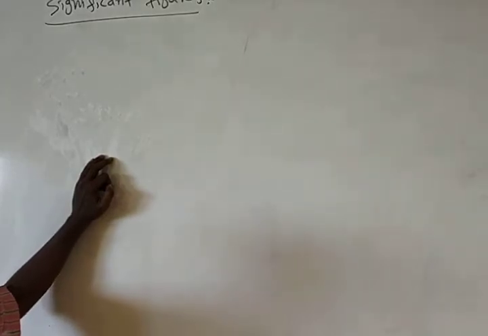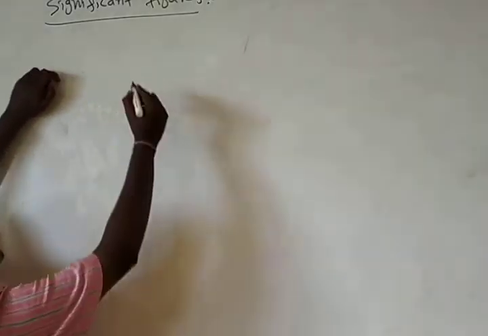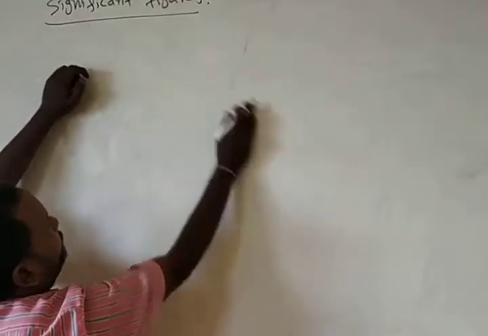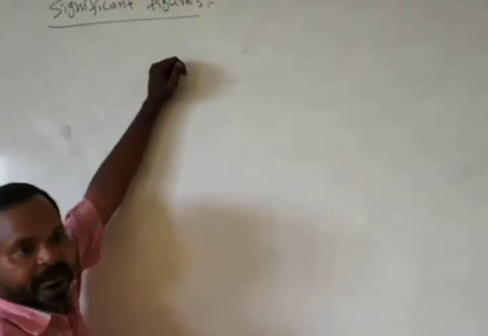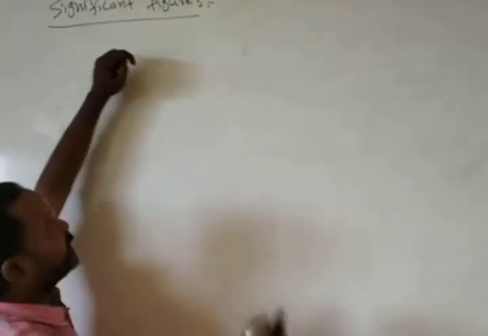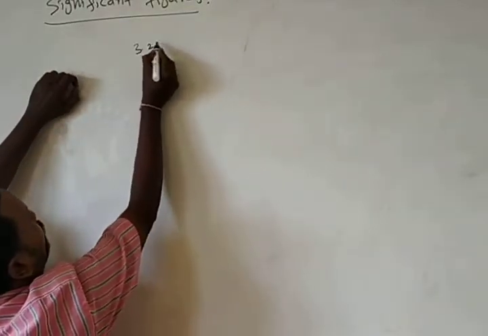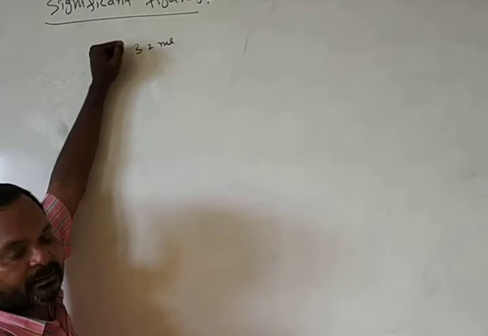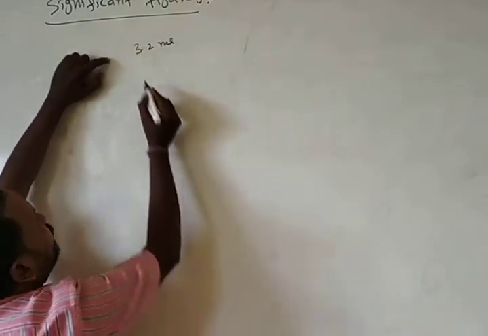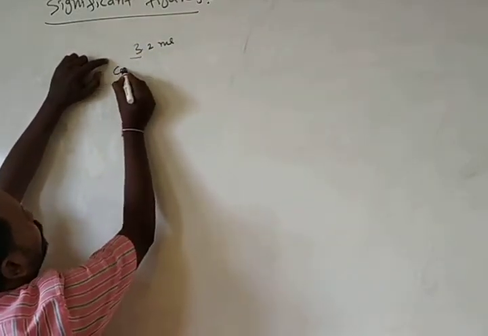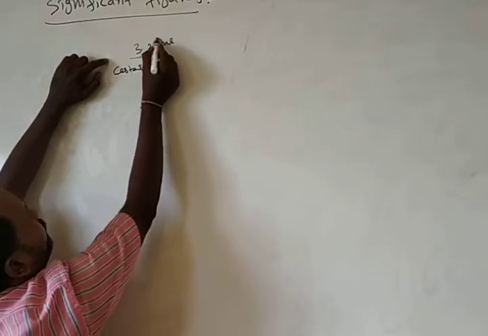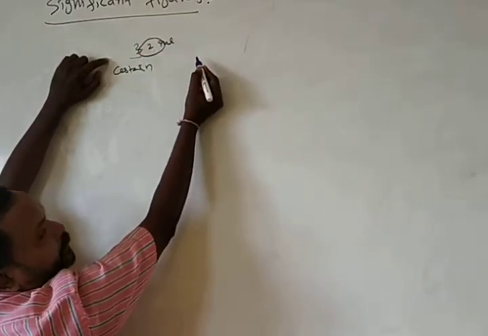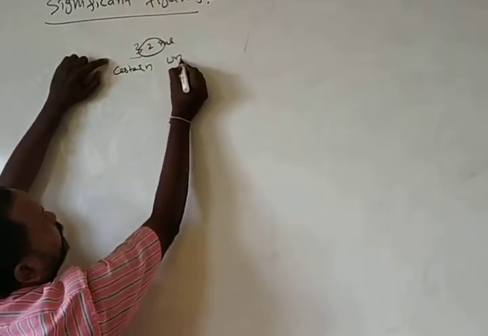What is the meaning of uncertain value? Suppose, for example, while calculating problems in chemistry, we mention 3.2 ml. Here 3 is the certain value and the 2 after the decimal is the uncertain value.